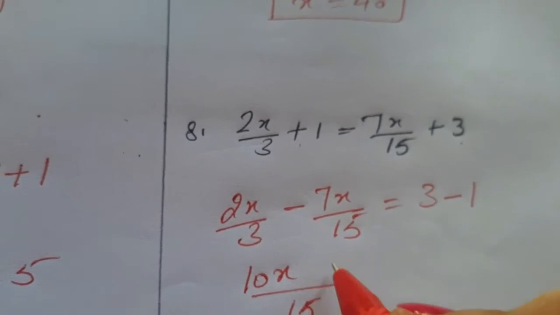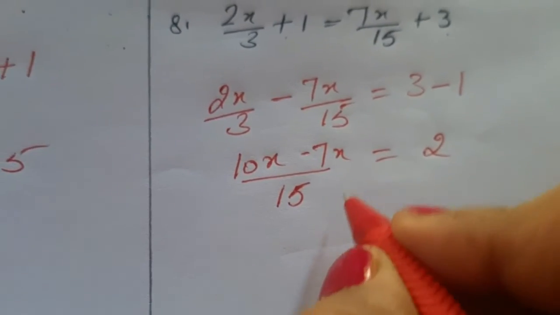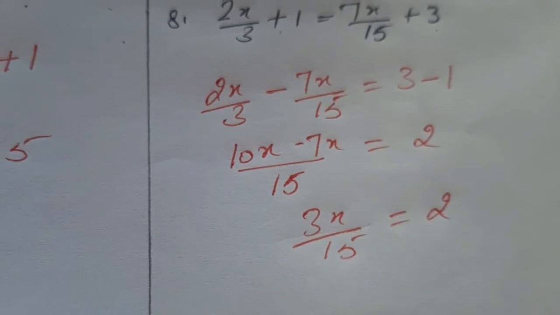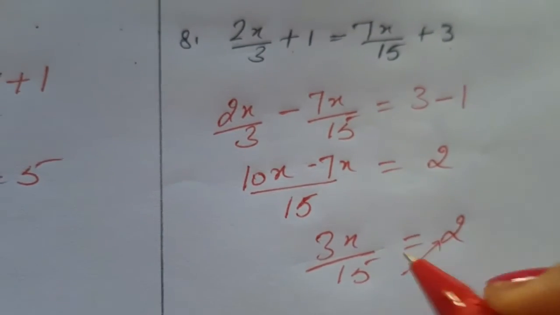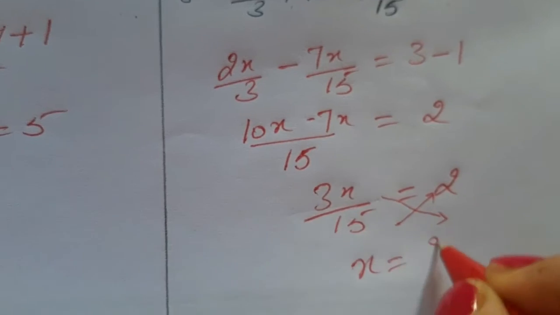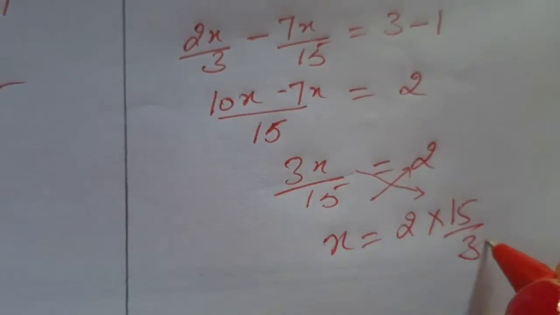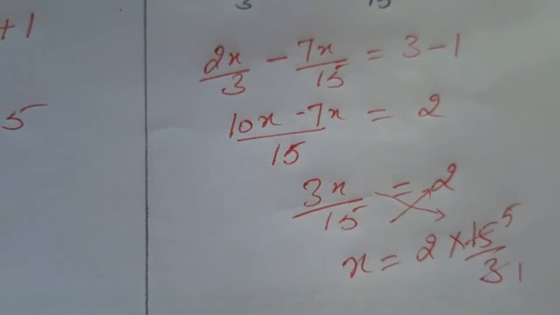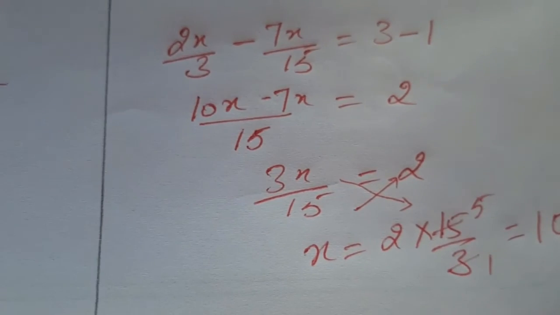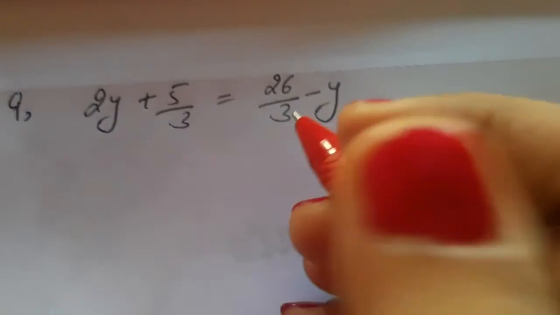So here it will come 10x minus 7x is equal to 2. 10x minus 7x, that is 3x by 15 is equal to 2. Now we will just cross multiply. This will be going up and this will be going down. So x will be 2 into 15 by 3. 3 will be cancelled out with 15. 3 5s are 15 and 5 2s are 10. So x will come out to be 10 here.